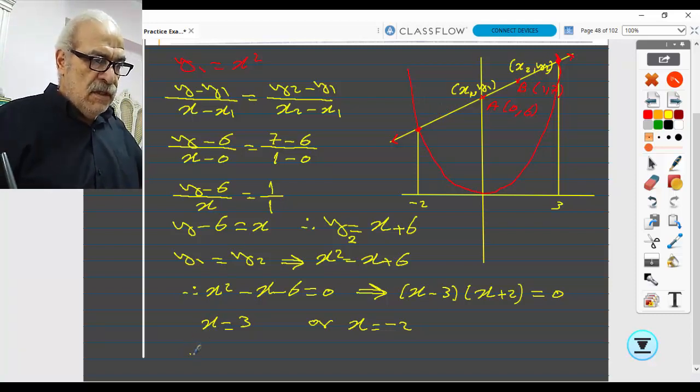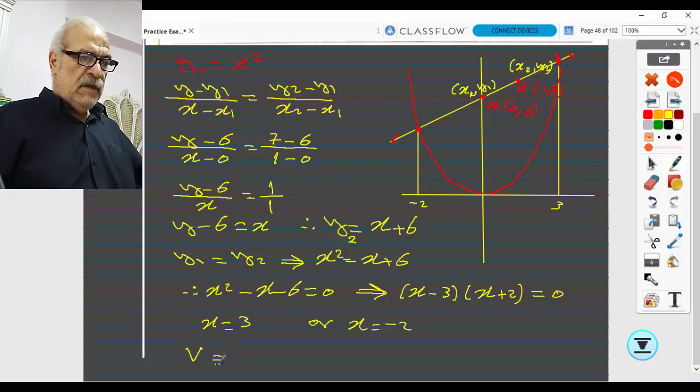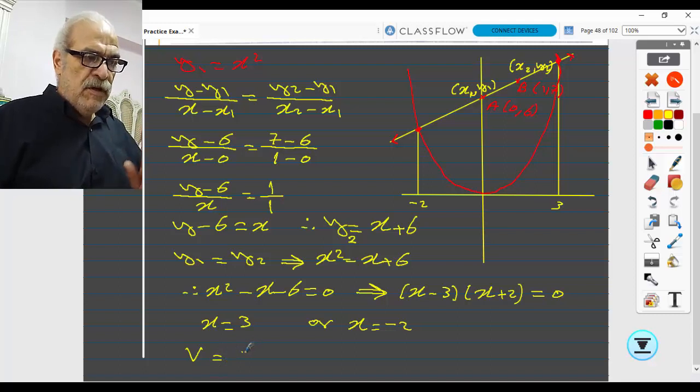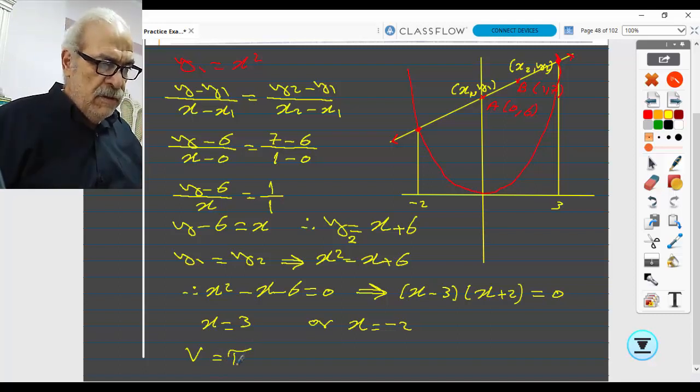So the volume generated by revolution equals pi integration from negative 2 to 3.